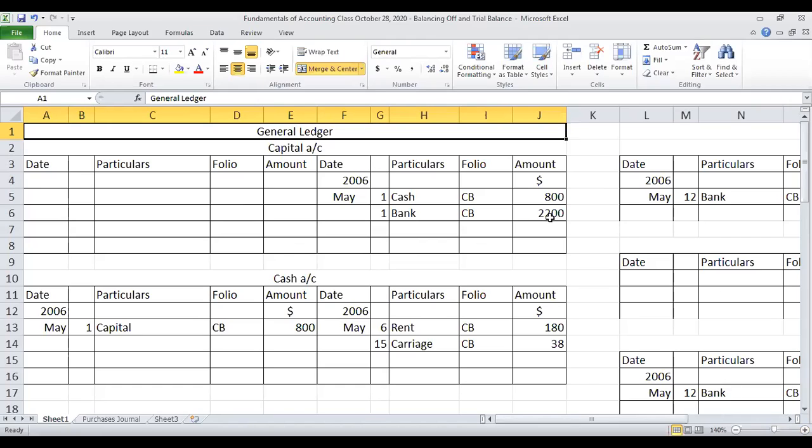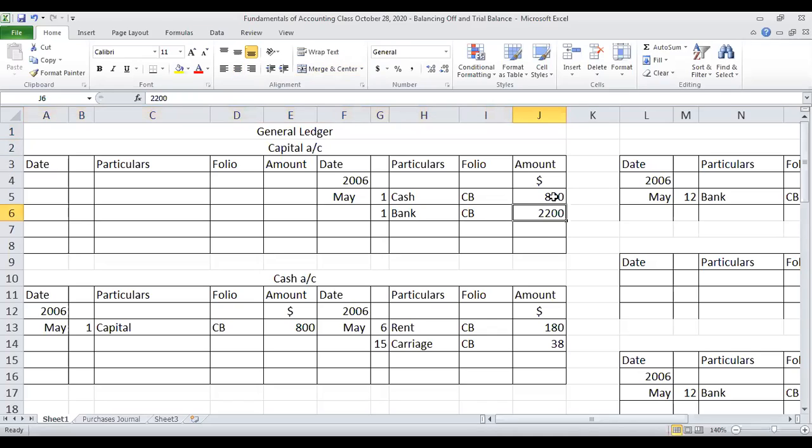Now balance off your what? You add both sides, the debit and credit side. You subtract the smaller from the larger. In this case, for capital, you add 8 and 2 to get 3,000. On this side there's nothing, so it's 0.